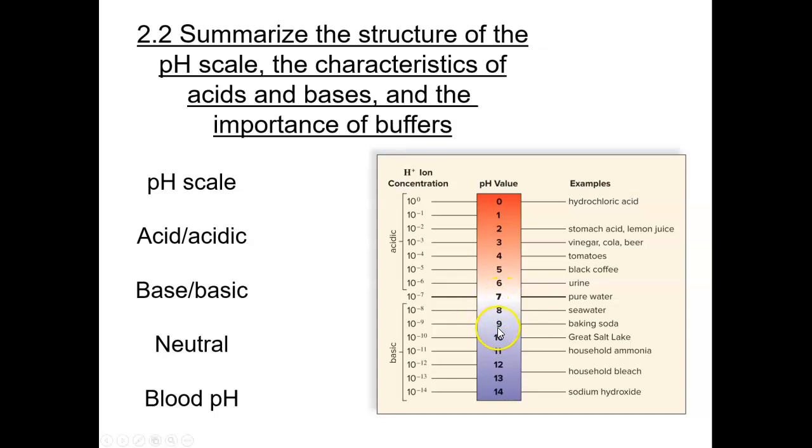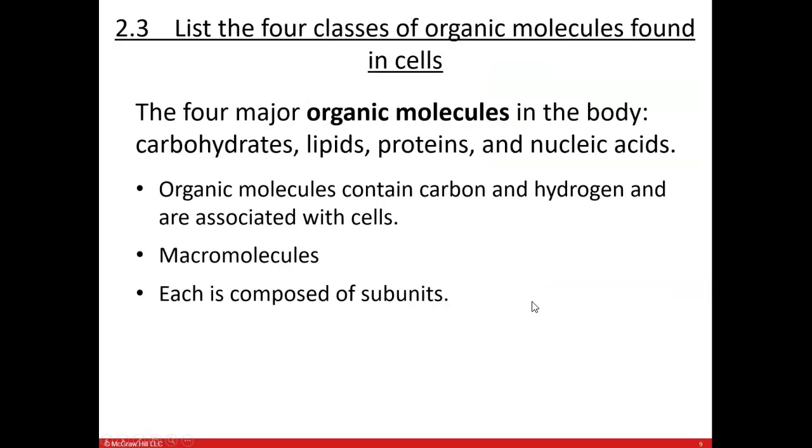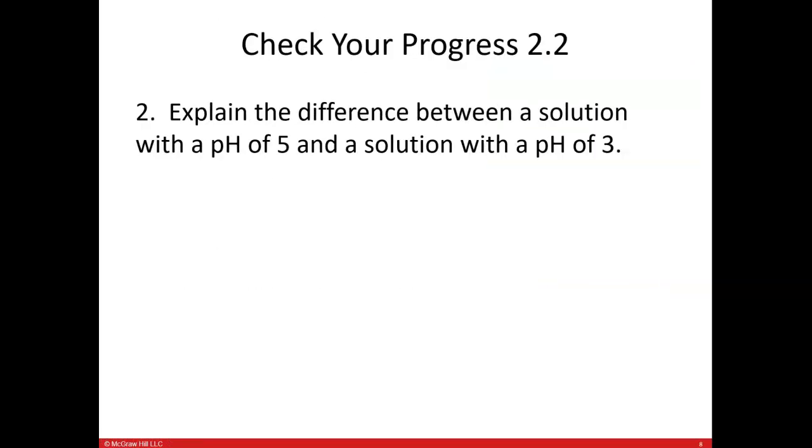From 7 to 9 is 100 times more basic. And so that narrow range of pH from 7 to 8, that's a big difference to the human body, and that can actually cause some negative effects. So our body does a lot of work to keep our pH around that 7.35 to 7.45 range. And on that note, I'm going to stop this video and we'll go to the next one.